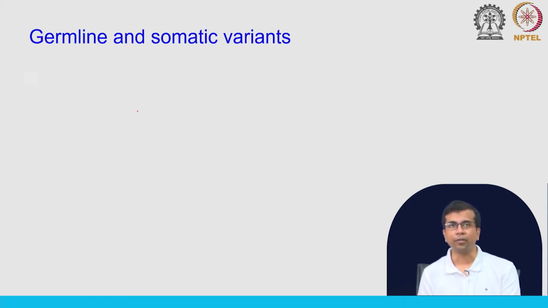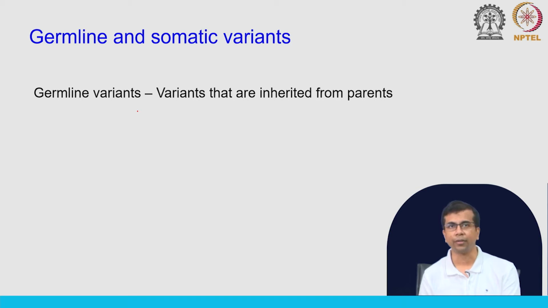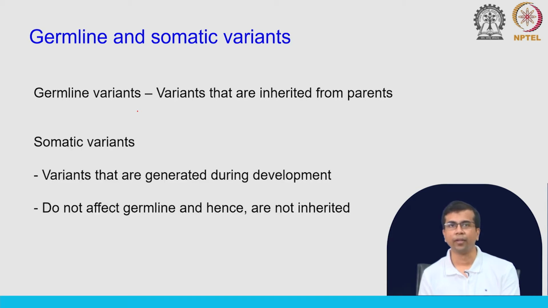So, we have introduced these two terms, germline and somatic variants. What are these germline and somatic variants? Let us define those. Germline variants are variants that are inherited from parents. As you know, in the zygote we have one copy of chromosome from the father, one copy from the mother, and these variants are inherited from the parents. So, these will be present in the zygote and they will subsequently be present in all cells that arise from the zygote.